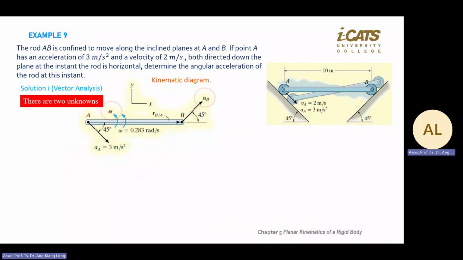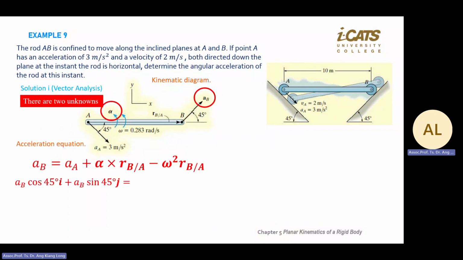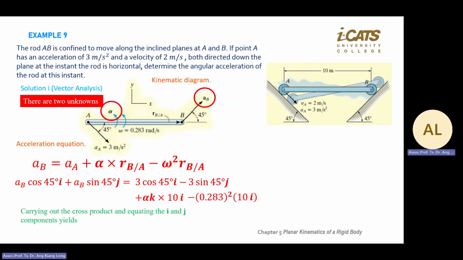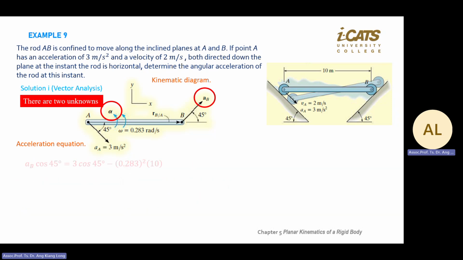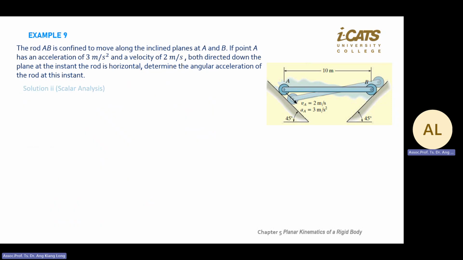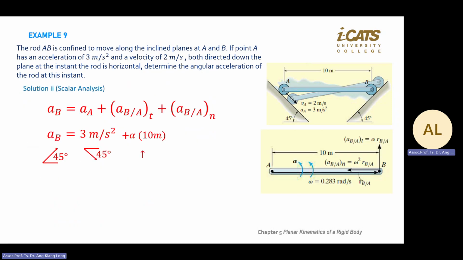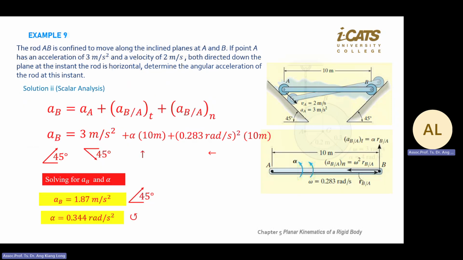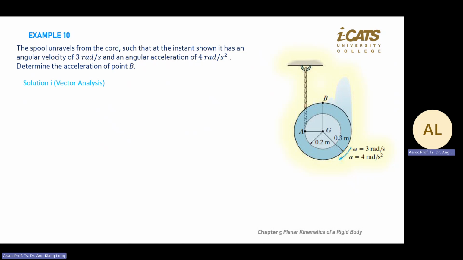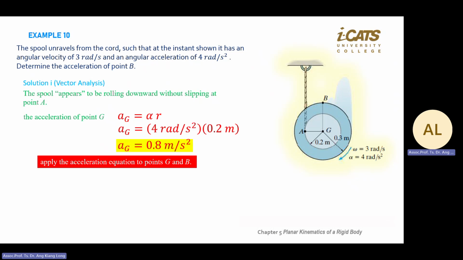Okay, the rest is your homework. This is vector analysis. You can go home and see. You split into X and Y direction and complete it. So this is your homework. Example 9, this one also is your homework. Go home and see.